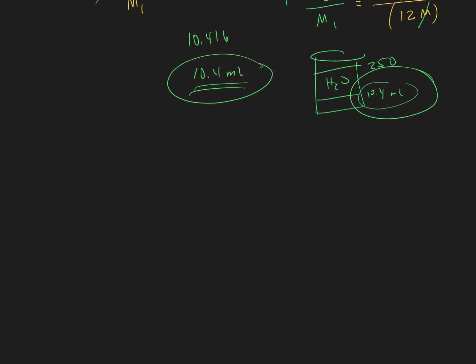We're going to need 10.4 milliliters of 12 molar solution HCl with, what is that? 239.6 milliliters of water. Okay. Does that make sense to everybody? Did I lose anybody?